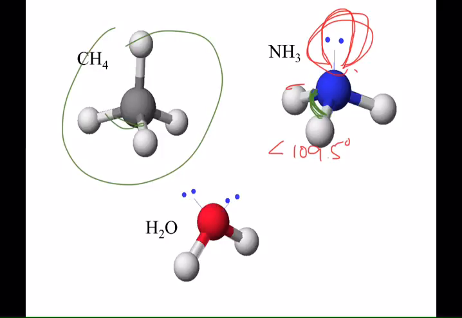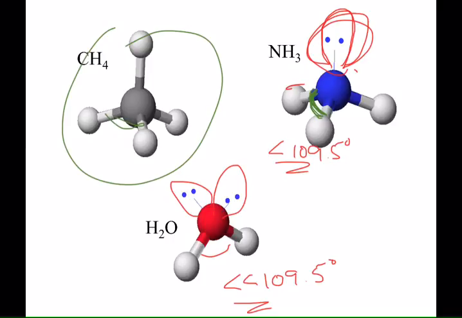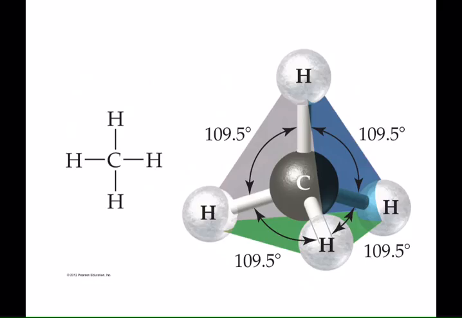Okay, and so guess what? When we get to the water molecule, where you have two fat things up there squeezing even more, this is even less than 109.5. So that bond angle is the least here, followed by this one, and this one is exactly 109.5 degrees. Okay, so that's in a nutshell what we have going on.